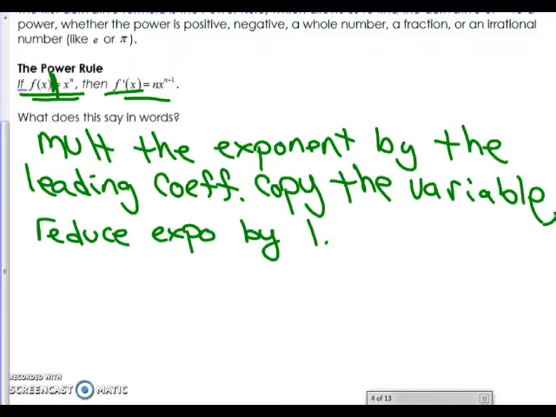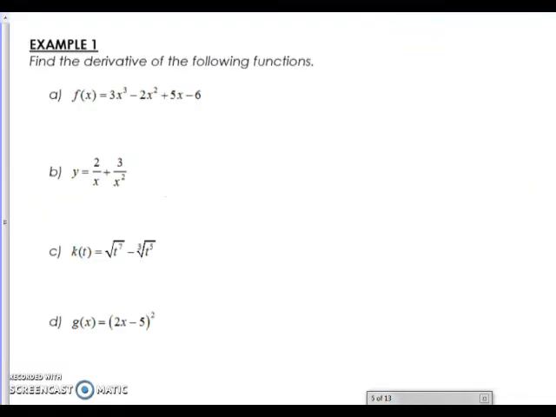So we'll take a look at something from the examples on the next page. There you have a polynomial. It's all in terms of x, we don't have multiple variables, but it's asking us to find the derivative of each of the following. Well, the second thing that we wrote under the properties of derivatives is that you can take derivatives term by term.